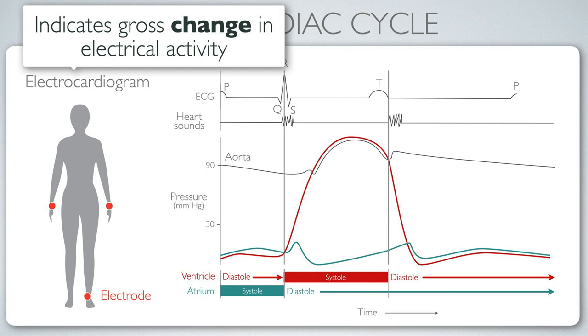Now, I've bold-faced the word change here because ECGs do not reflect the membrane potentials. In fact, at this point in time, the atrium has an elevated membrane potential. All the muscle cells in that chamber actually have a very high membrane potential, and we can see that there's just a flat curve there.